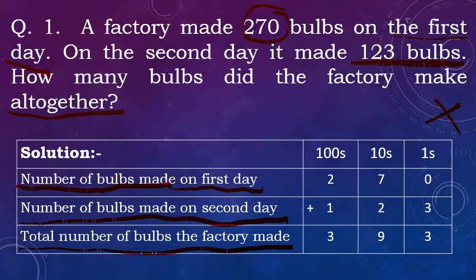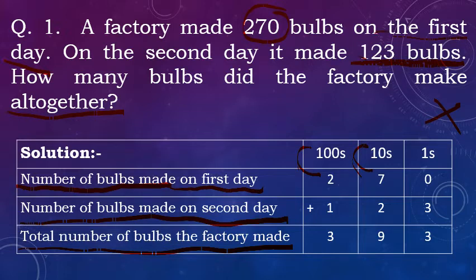After that, it is very important to place the numbers. So which number is this? 270. 200, so 2 will go to hundreds place. 70 means 7 tens, so 7 will go to tens place and 0 will go to ones place.